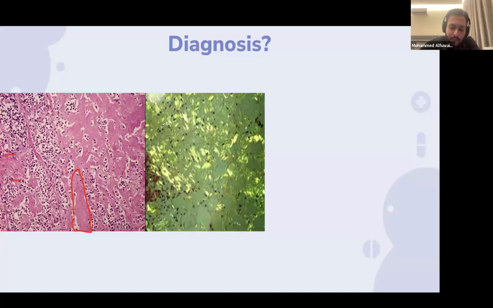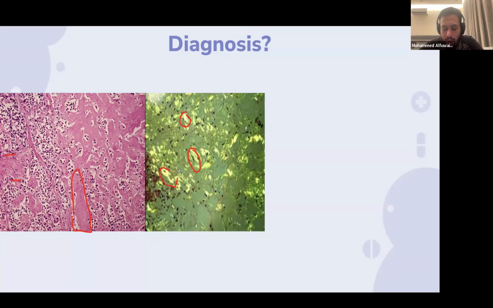So how do you stain it, with what stain? Congo red stain, which shows you what in this image, all of this birefringence. This is the apple green birefringence. Okay, so this is medullary thyroid carcinoma.